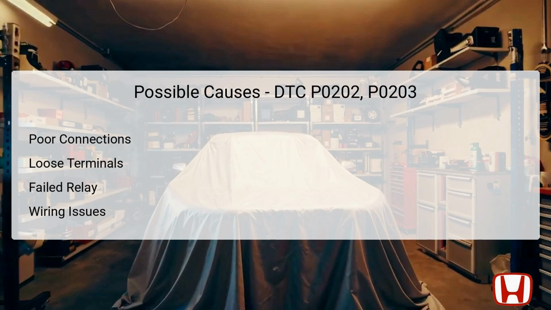A failed injector relay is another potential culprit, as this relay ensures that electrical power flows to the injectors at the right times. Wiring issues can also play a significant role. Damaged, frayed, or shorted wires can disrupt the signaling needed for the injectors to operate correctly. Identifying the root of these issues is crucial for successful troubleshooting.